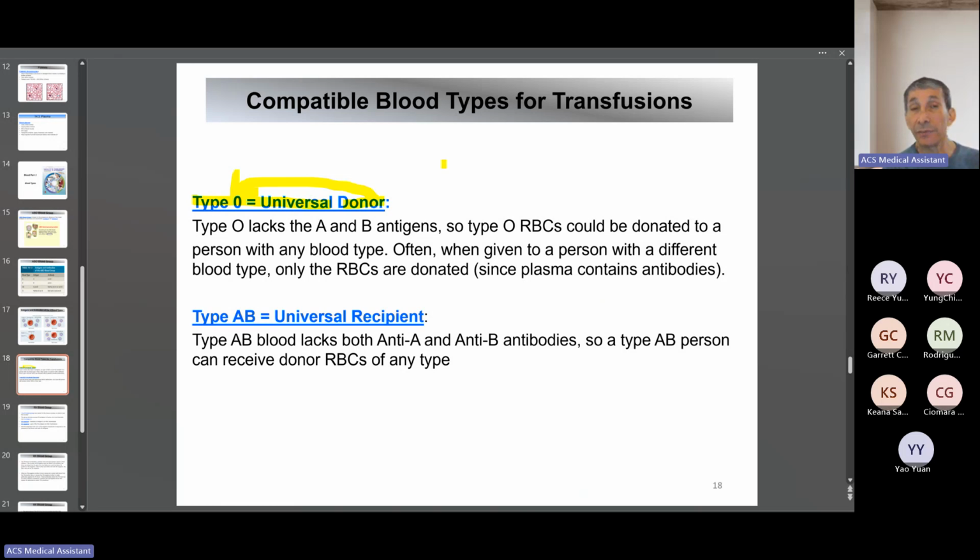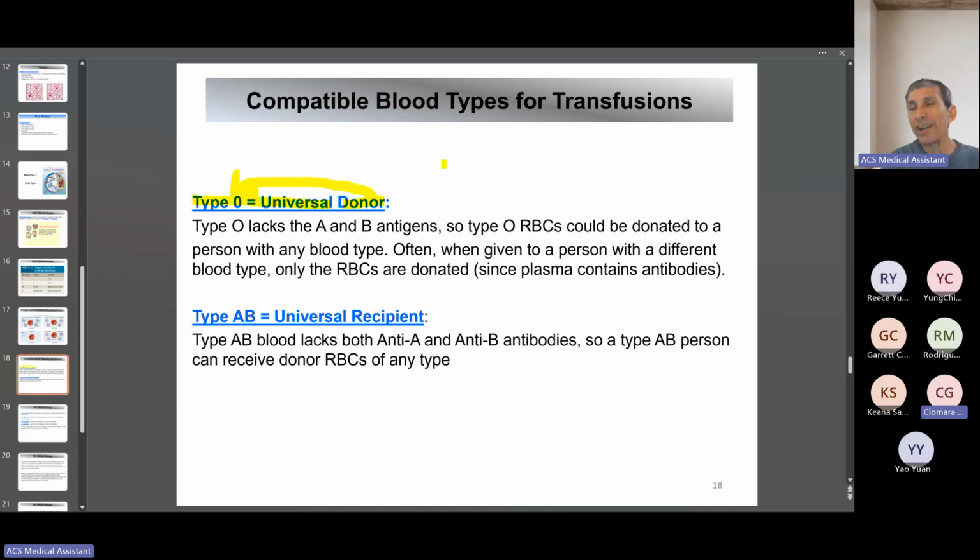If you are type A, you can receive O. If you are type B, you can receive O. If you are type AB, you can receive O. But wait a minute. Can all receive from all of them? No. O only receives from O. So that's how it works. What about O negative? Well, we're going to talk about that a little bit farther.